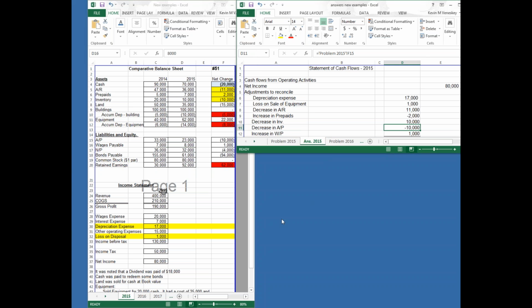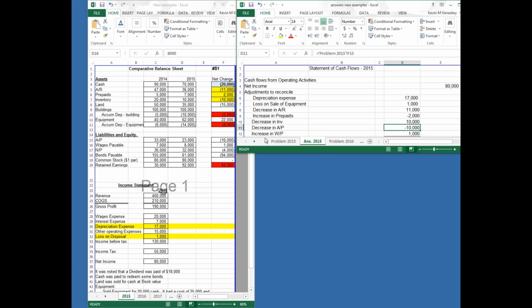So I need to show that since my increase in wages payable was 1,000, it went up. If any current liability goes up, we are saving money or not paying as much as what the wage expense would have shown. Therefore, our net income would have been just slightly too low for cash purposes.